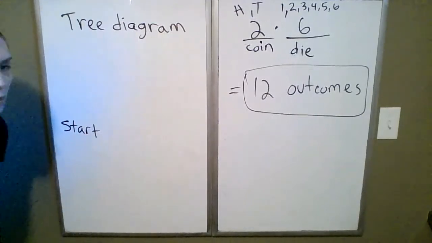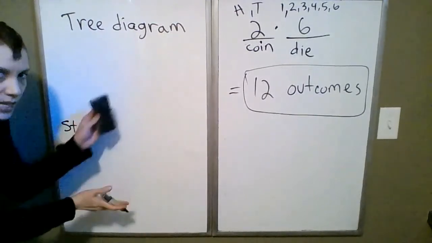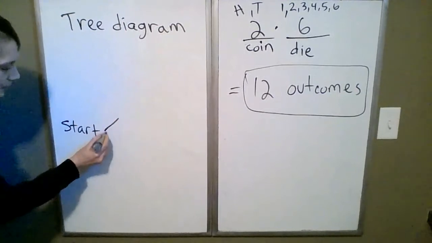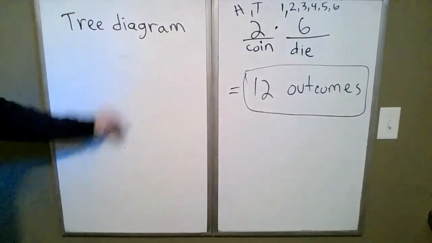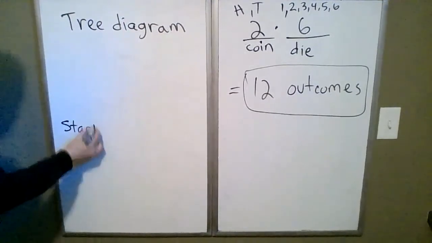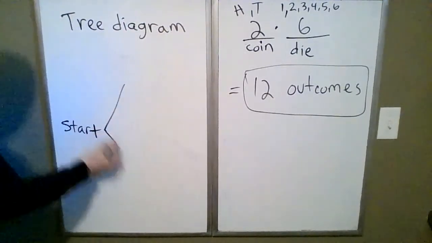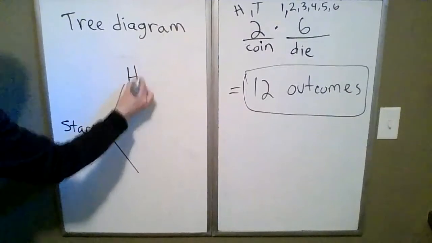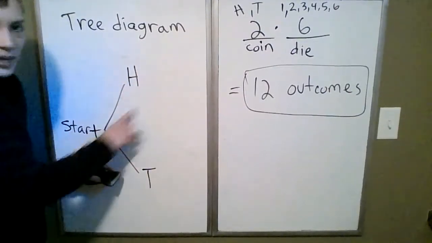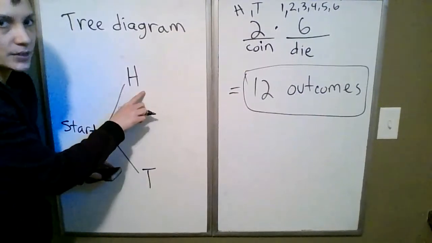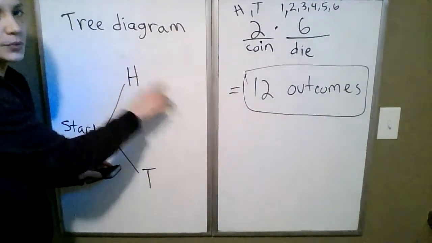And in this experiment, we start with the coin flip, heads or tails. If you flip heads and then you roll a die, after that, there are options 1 through 6.